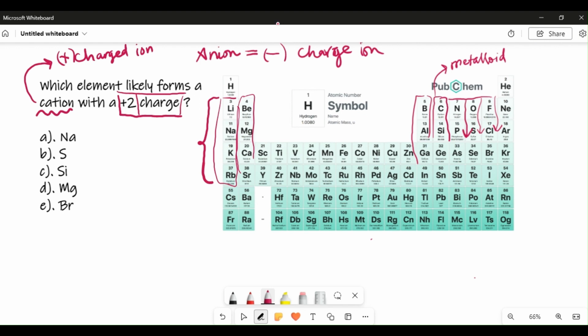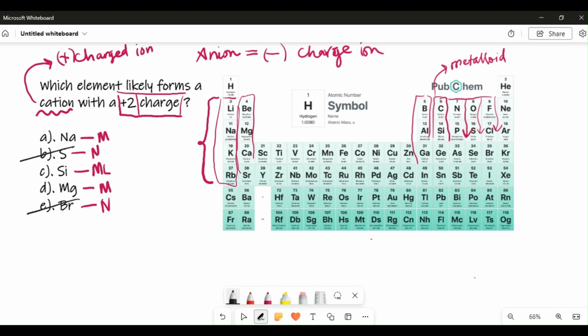So you know now that sodium is a metal, sulfur is a non-metal, silicon is a metalloid, magnesium is a metal, and bromine is a non-metal. So we know non-metals tend to be negatively charged. That's going to make it easy for us to cancel out answer B and answer E. So now we're left with sodium, silicon, or magnesium.